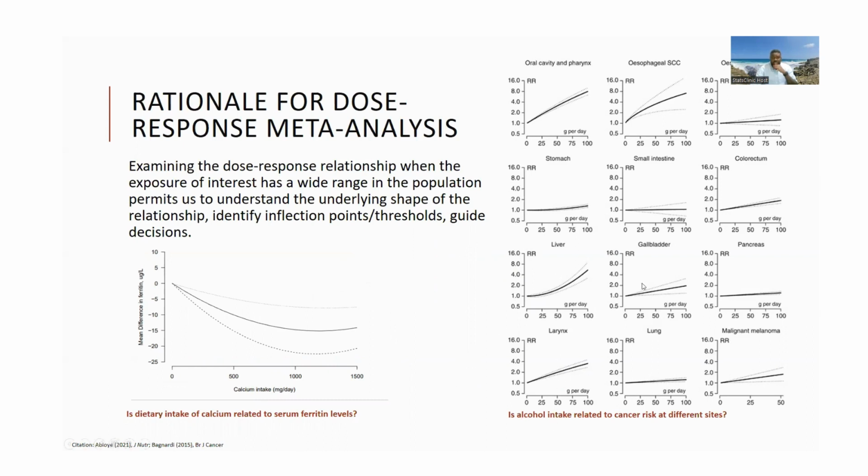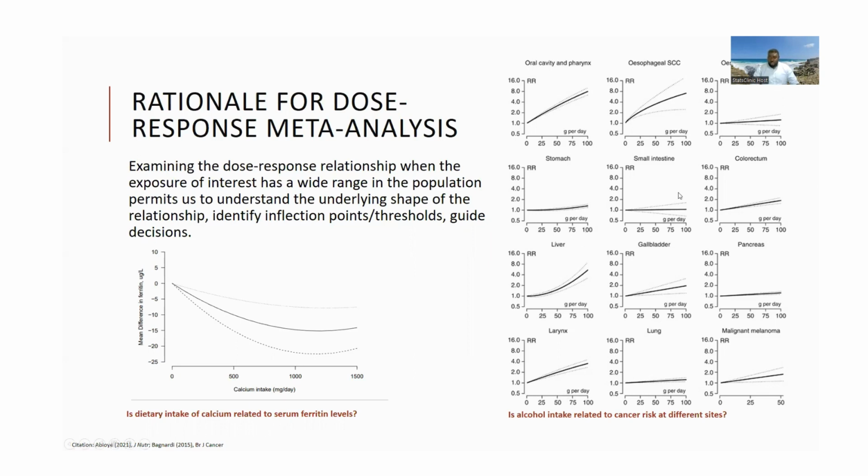If you look on the right side here, this is a series of curves from that same study, looking at alcohol intake and risk of cancer across different sites. This is looking at 0 to 100 grams per day.